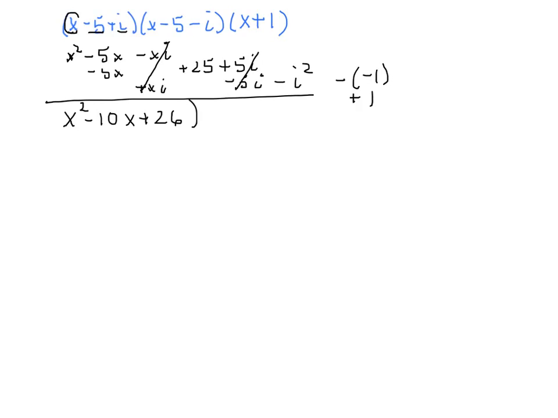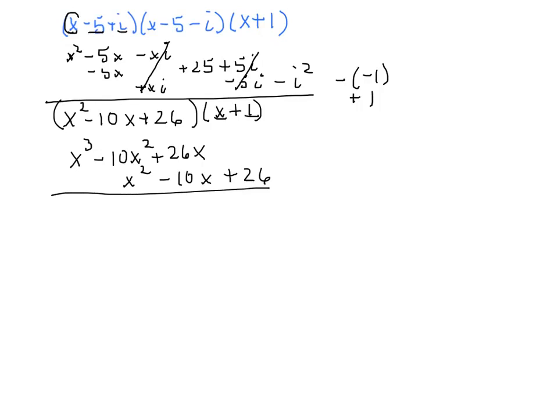Once I have this, I'm going to multiply by x plus 1. I'm going to multiply x times each of the three terms. x cubed minus 10x squared plus 26x. Now I'm going to multiply 1 by each of the terms. x squared minus 10x plus 26.